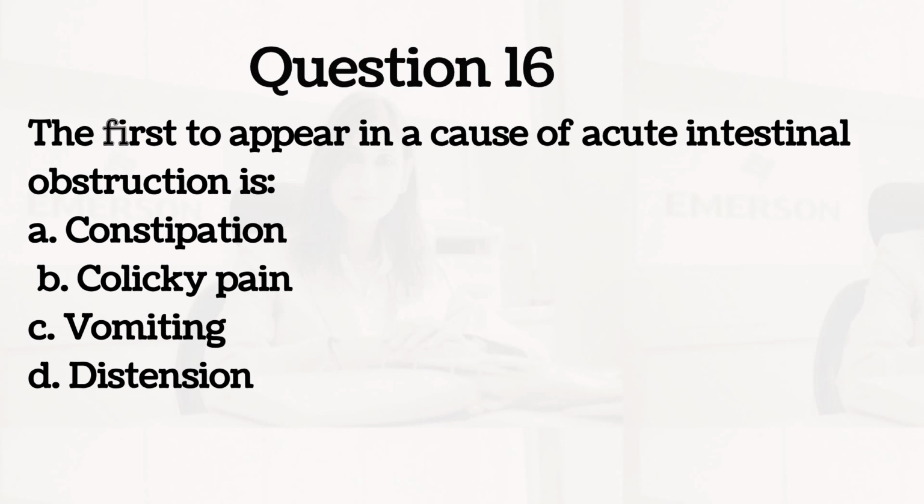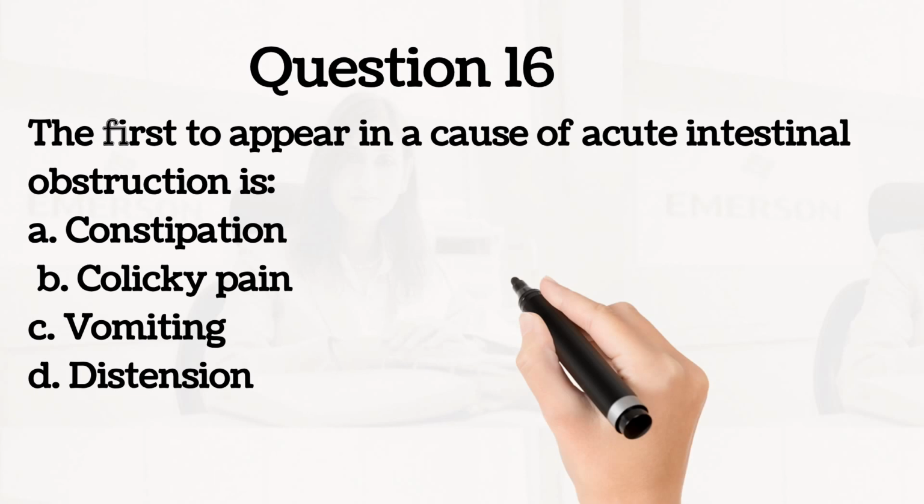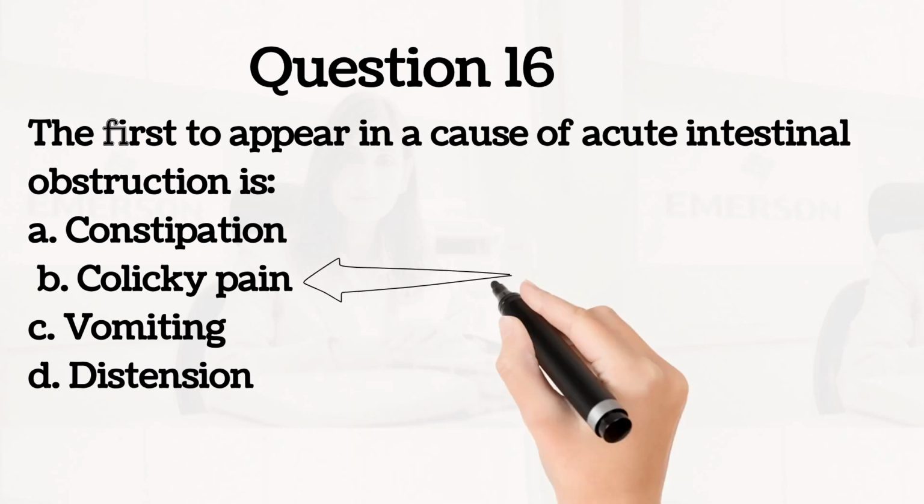The first thing which appears in patients with IO is your colic pain, which is option B. Then the other symptoms start to follow, but it's not constipation. I know most of you went with constipation, others maybe vomiting, but the first thing to appear is the colic pain.